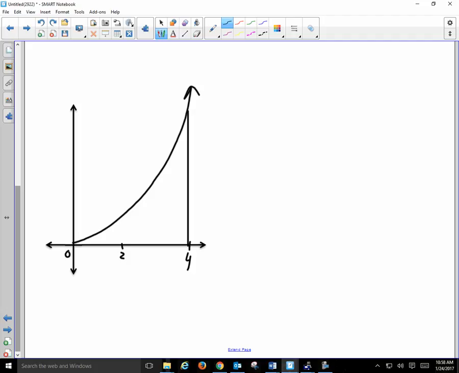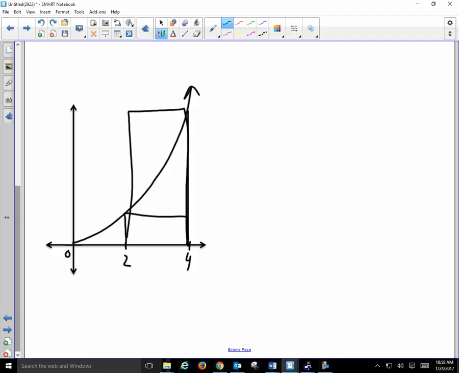Before I start drawing these rectangles, I have to let you know that we are going to do a special kind of rectangle today. For example, see this rectangle between 2 and 4? I could either draw the rectangle like this, or I could draw the rectangle like this.